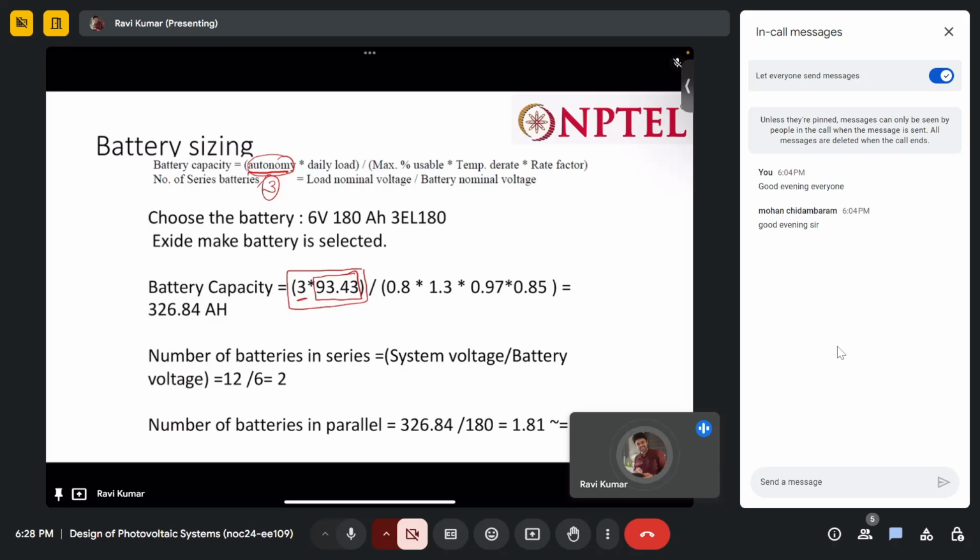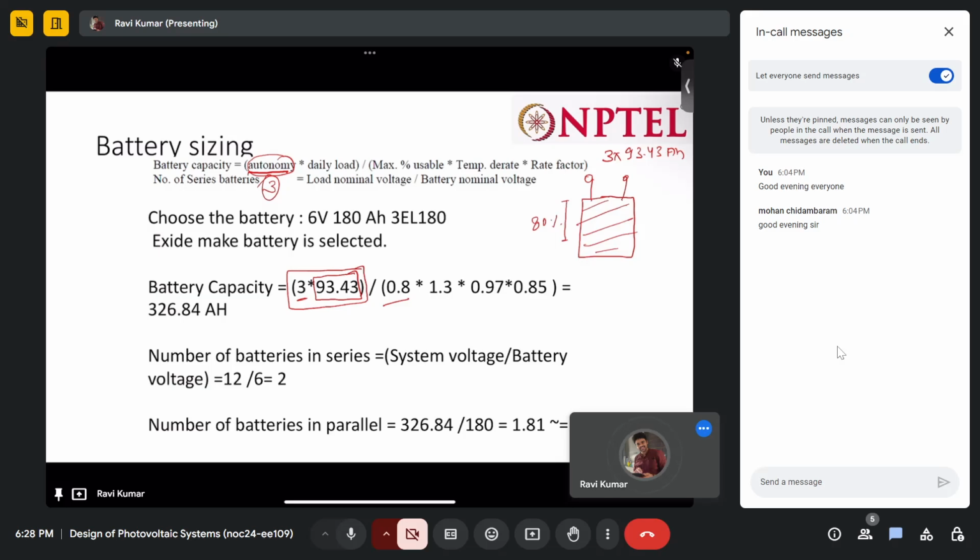But now comes the battery. Let's say this is a battery. Our output should be 3 into 93.43 ampere hour, and it is the total battery, but it is giving only 80% of its capacity. So we will divide it by 0.8, and there are some degradation and rate factors as well.